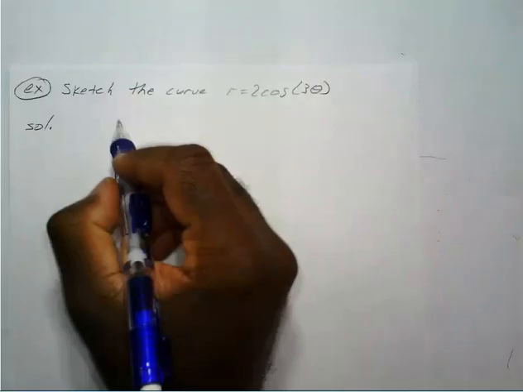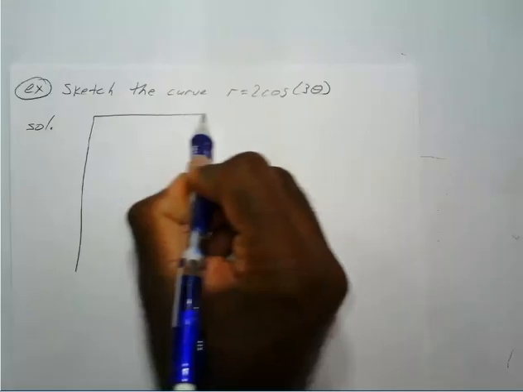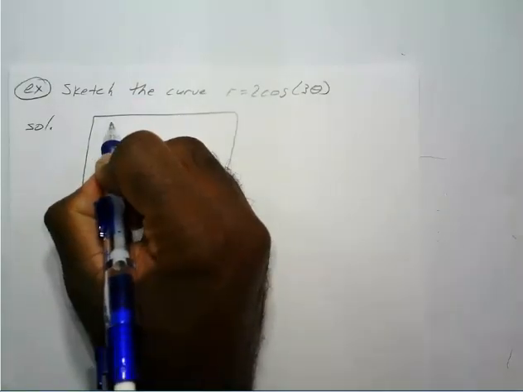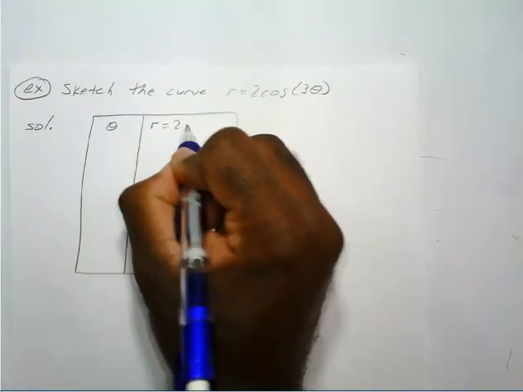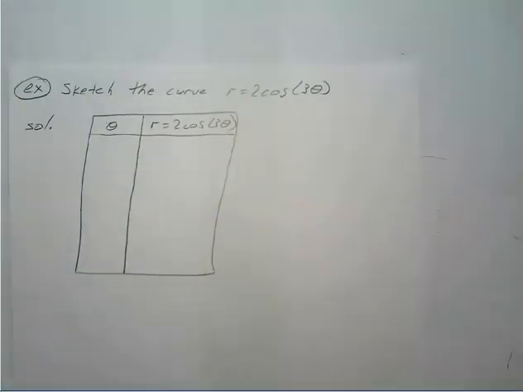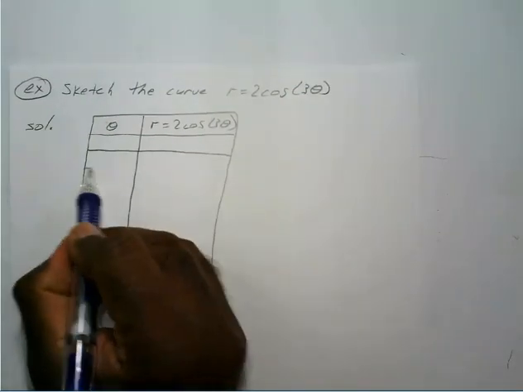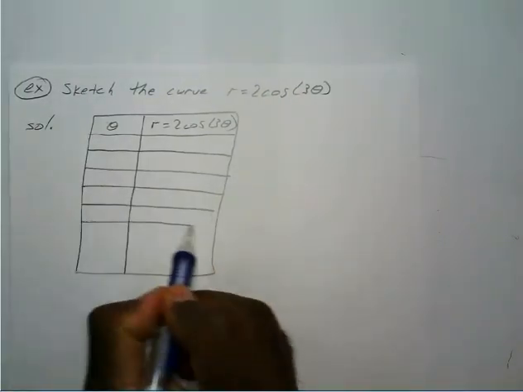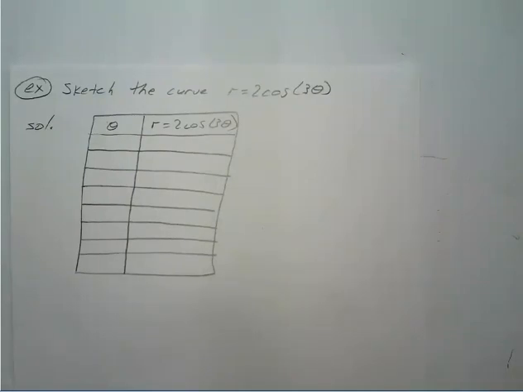So what I'm going to do is show you the table that I created ahead of time. Okay, so we have our theta, and we have our r equals 2 cosine of 3 theta. What we're going to do is plug in various values of theta until we get our points.